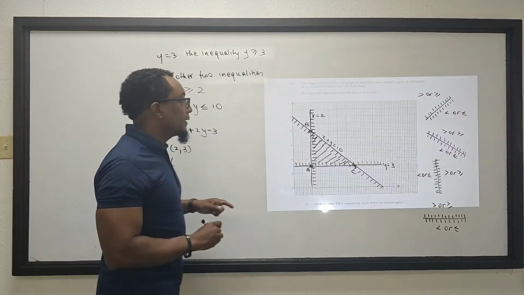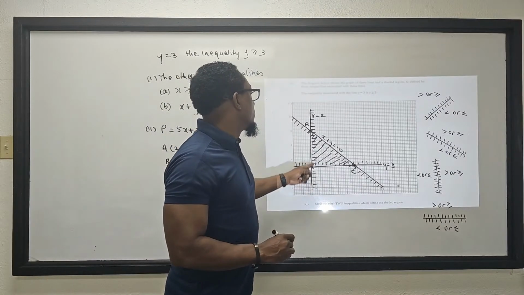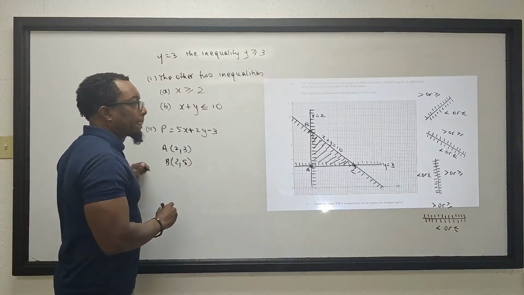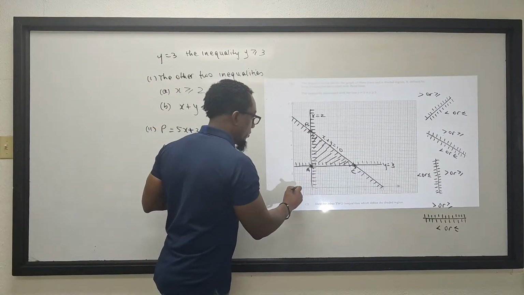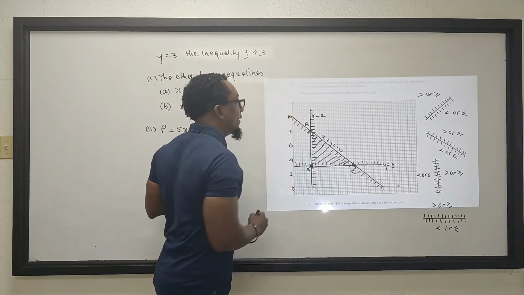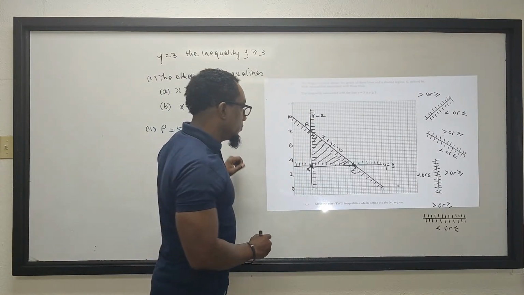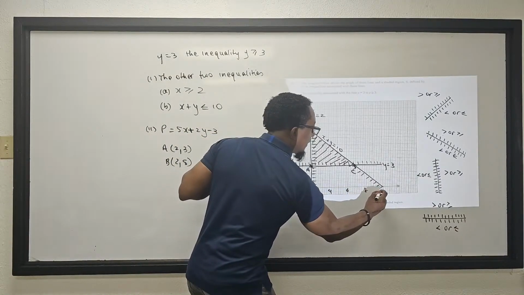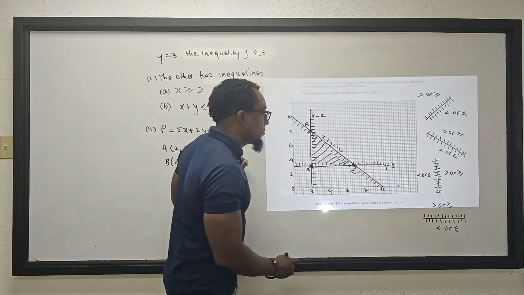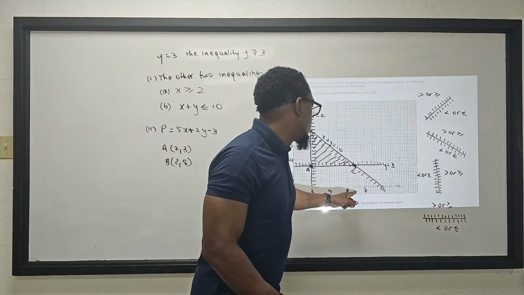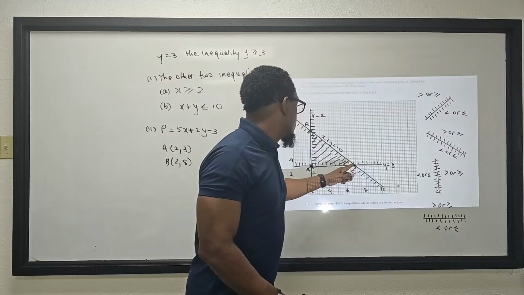B, whose coordinates are 2 and 8. Right, so this is 0, 2, 4, 6, 8, 10. And C, whose coordinates, this is 2, 4, 6, 8, 10. So C, whose coordinates, this looks like 7, 3.